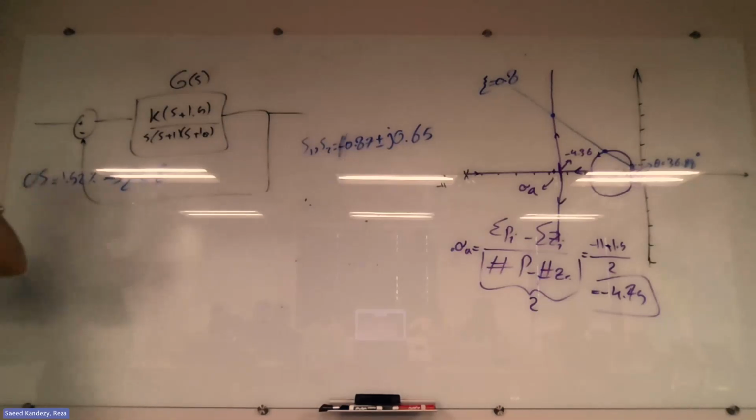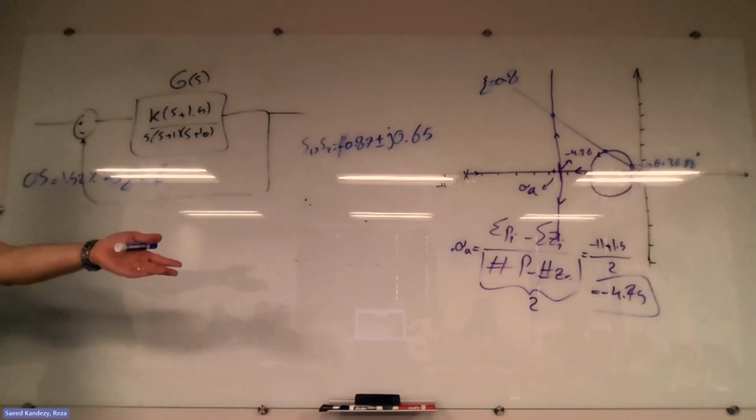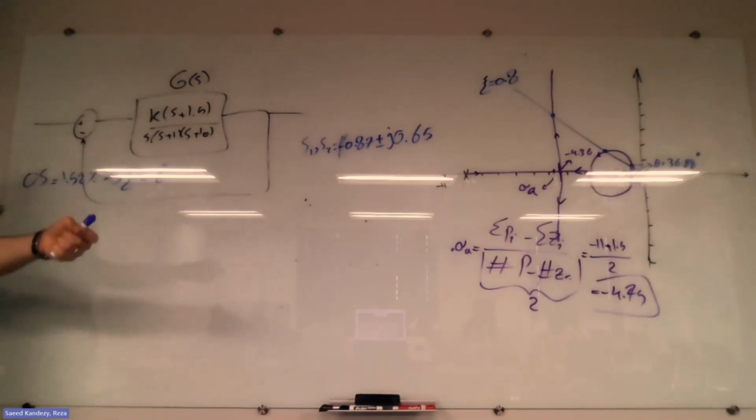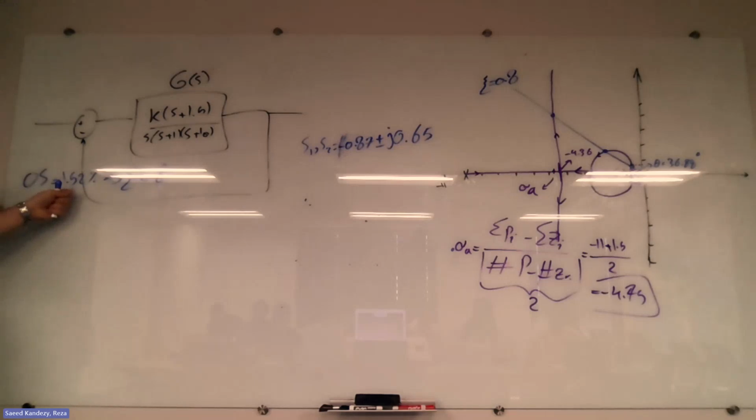Now that unknown system, if it wanted to satisfy this condition, should have a certain psi and a certain omega n. Based on the condition itself, we know what the psi is. So if we find the omega n of that unknown second order system, then we would end up with a specific known second order that satisfies our targeted condition. Are we good?